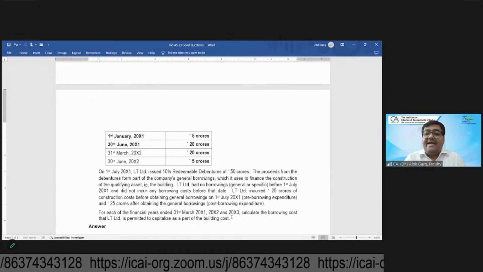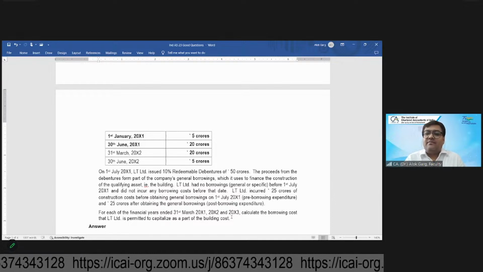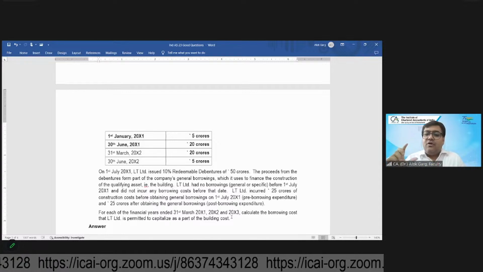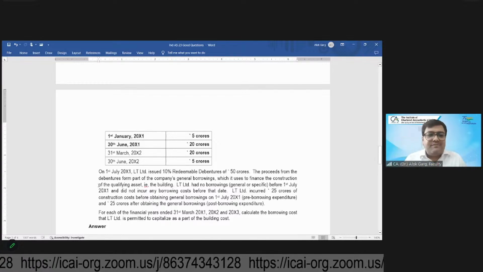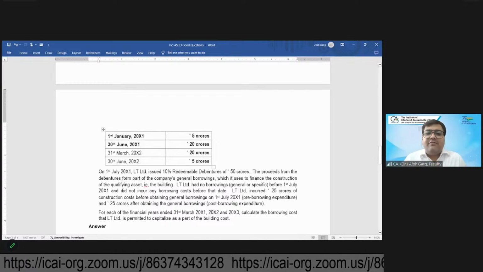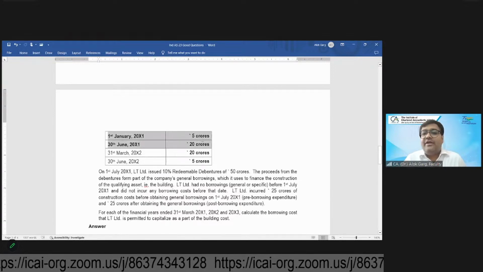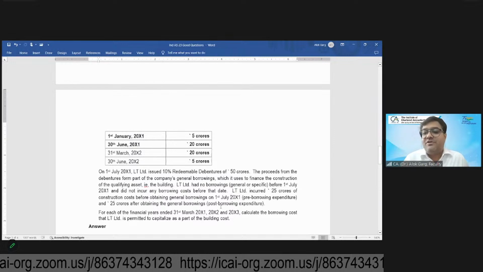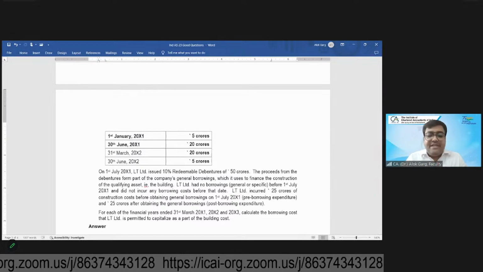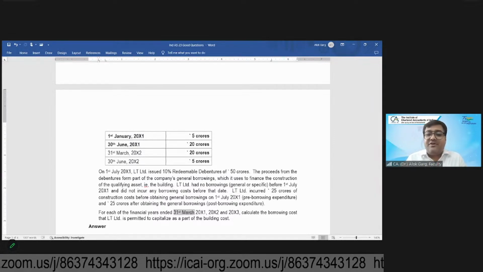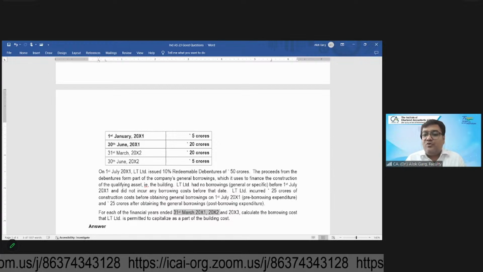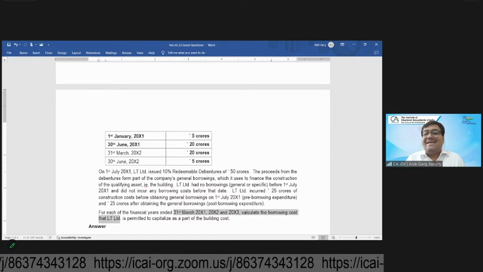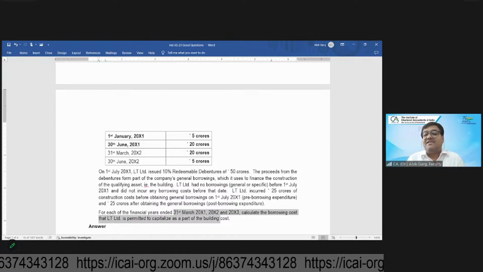The company has spent 25 crore on 1st January and 30th June, before borrowing, and 25 crore after the issuance of debentures. For each of the financial years ended 31st March 20x1, x2 and 20x3, calculate the borrowing cost that LT Limited is permitted to capitalize as a part of the building cost.